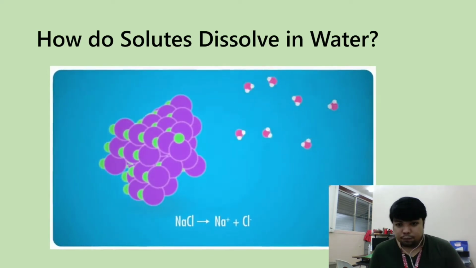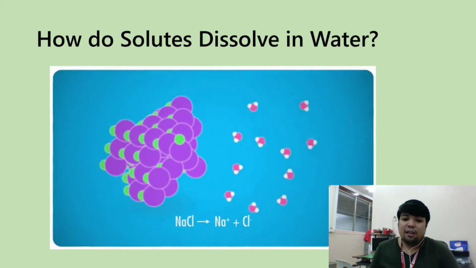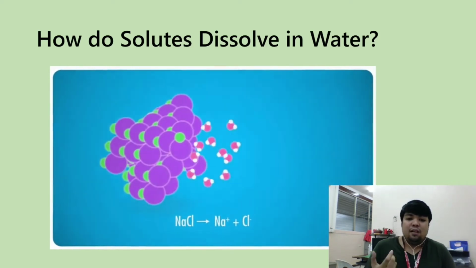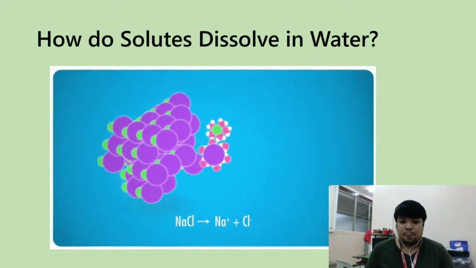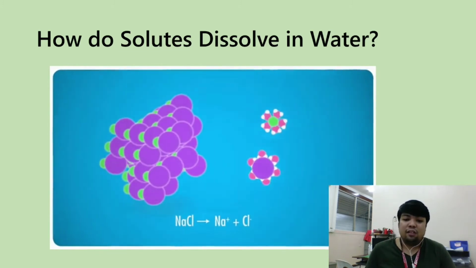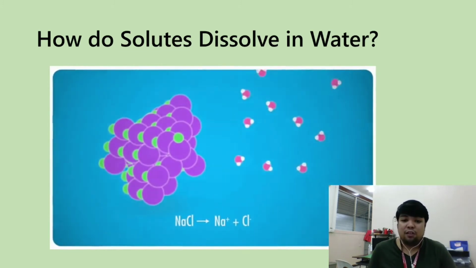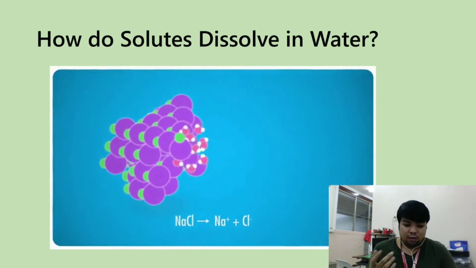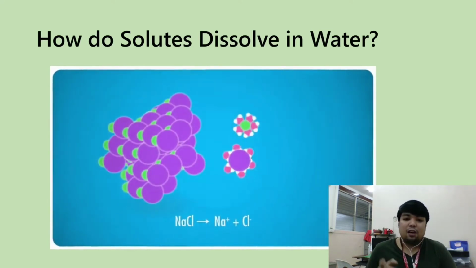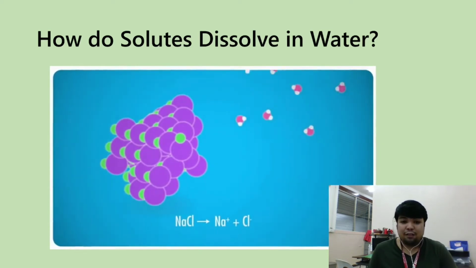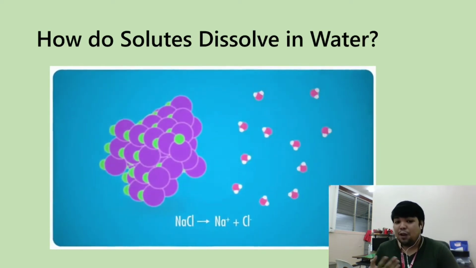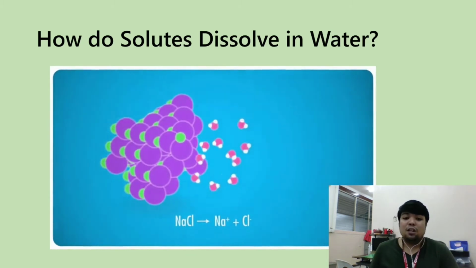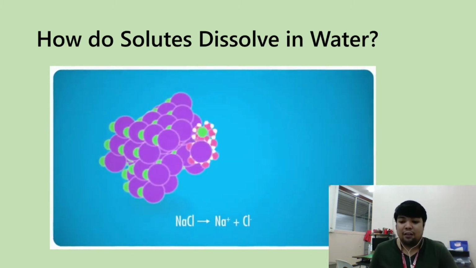We can see here that water forms a cage around each of those ions, thus separating them from each other. When it forms a cage, the partially positive end faces the anion, while the partially negative end faces the cation.